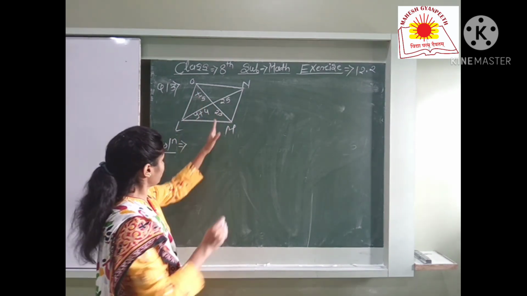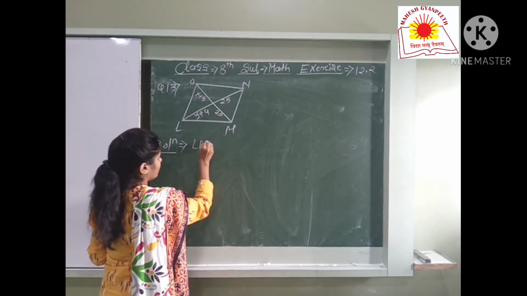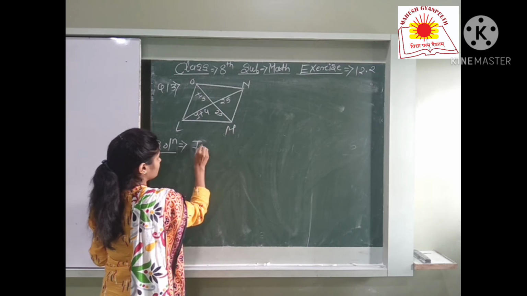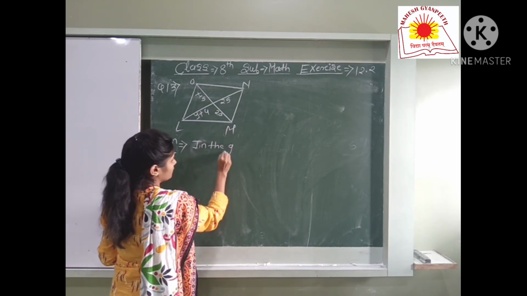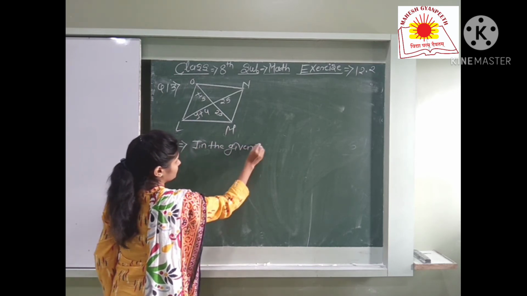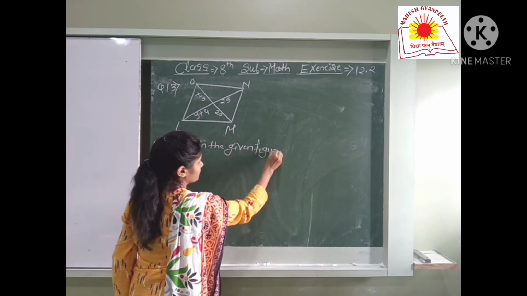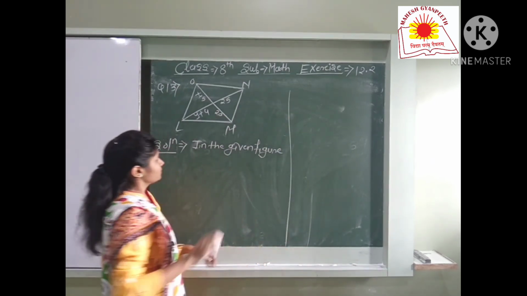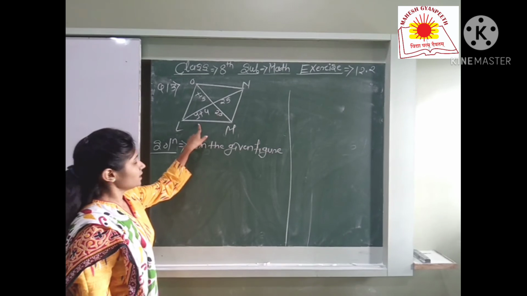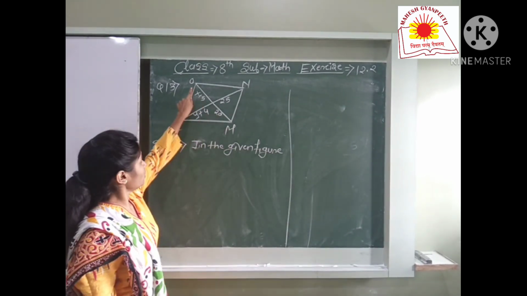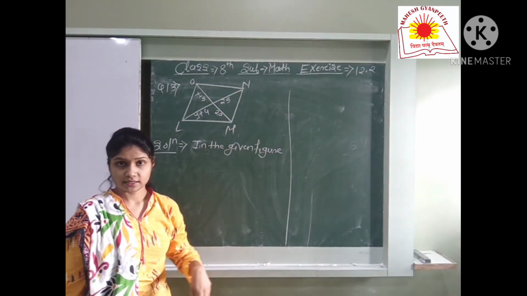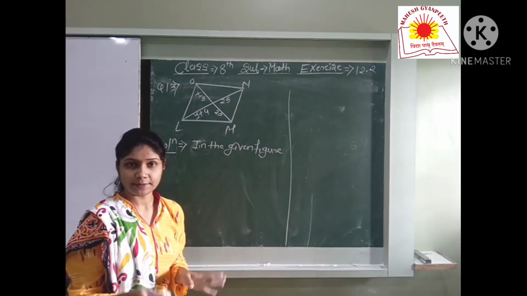In the given parallelogram LMNO, the diagonals OM and LN bisect each other.